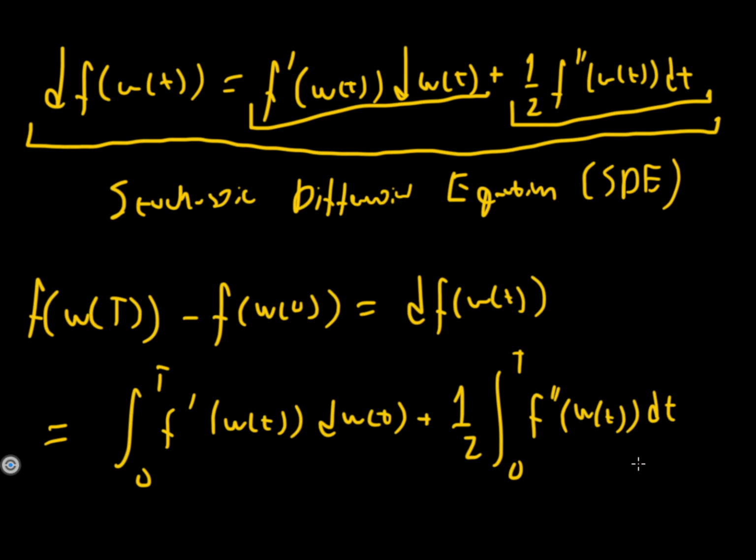Now Ito has expanded this over onto a function f of t, omega t, right? So f of t, omega t, how do you approach f of t, omega t?